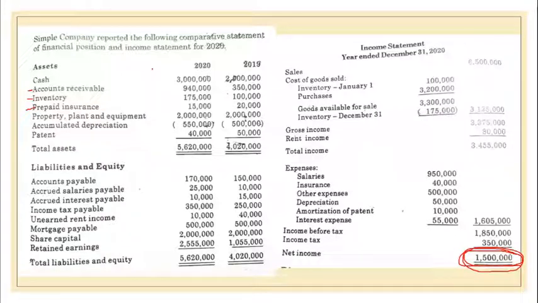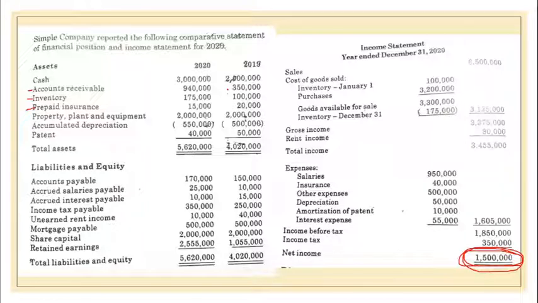So, if there is an increase in your non-cash current assets, they are deducted from your net income. In this case, you have the 940 minus 350, so their difference is 590, and then they are deducted.